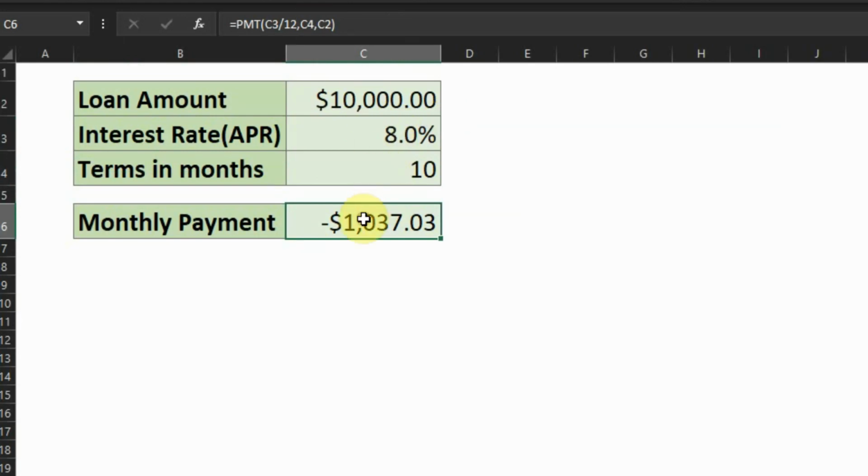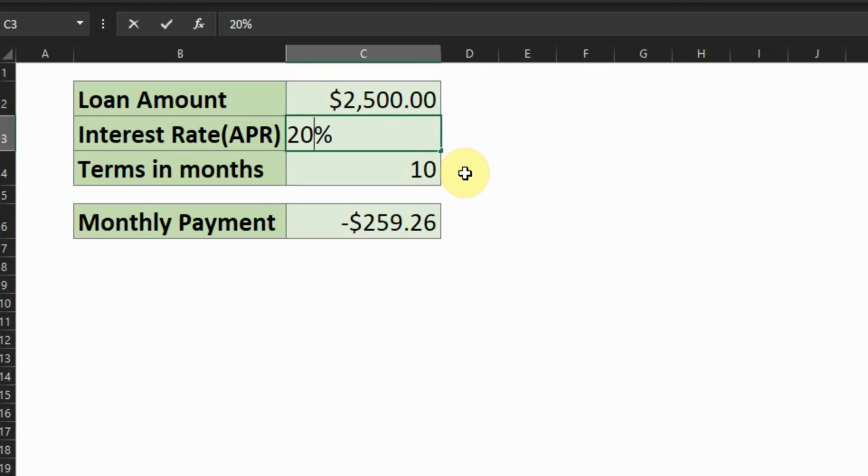Then the next one is to provide the number of periods, which is 10 months, and our present value, which is $10,000. So basically, our monthly payment is $1,037.03.